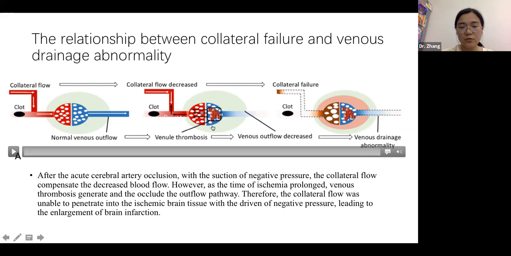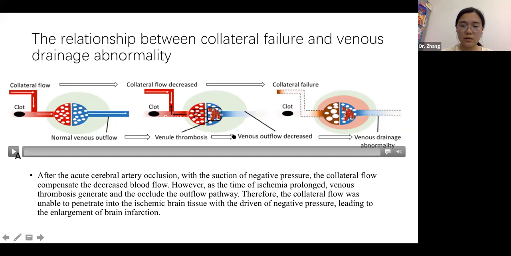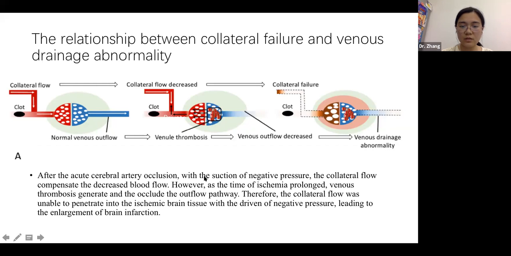But if many minutes pass, from animal experiments, we can see that even after 5 minutes of stroke, venous thrombosis is generated.